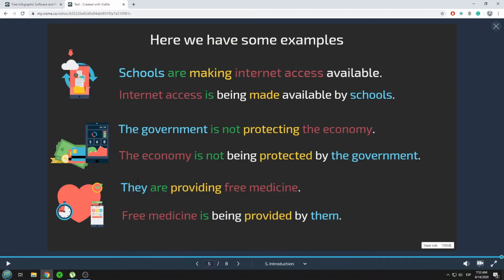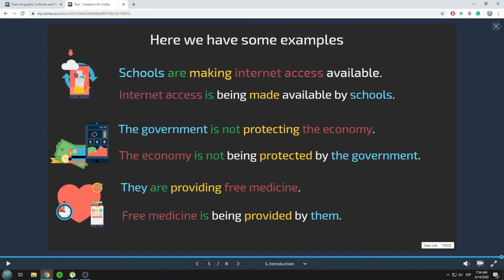Number 3, they are providing free medicine. Who's they? We don't know and we don't care, but this is the subject. This is the object of my active sentence. As always, my object becomes the subject in the passive sentence. Then I put the verb to be, is, being.